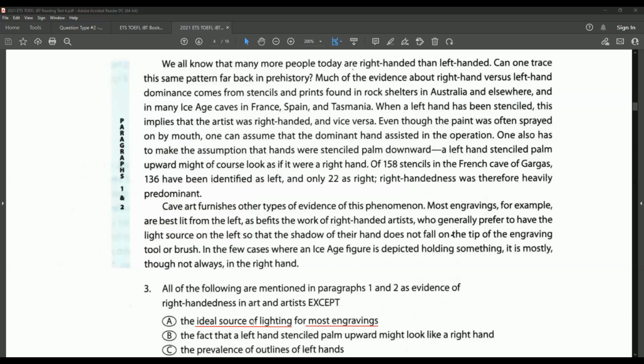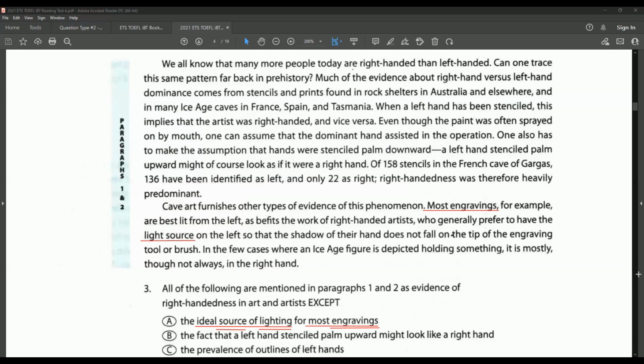We're going to look for words such as source, lighting, and engravings. With these words, I find most engravings and light source. It doesn't necessarily say source of lighting, but it says light source, which is paraphrase, saying the same thing in a different way.